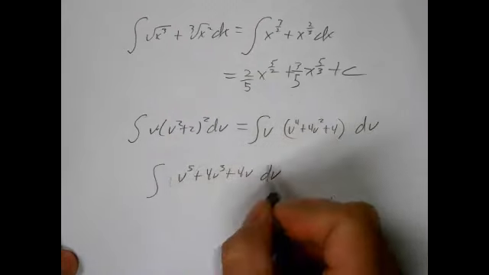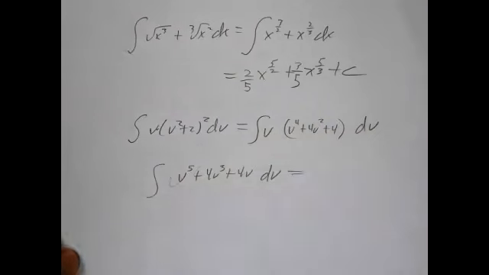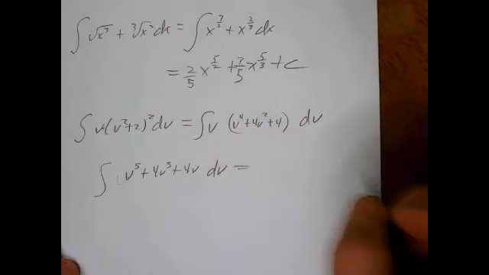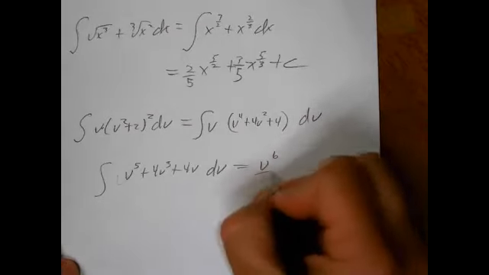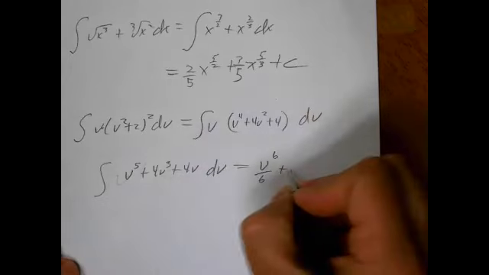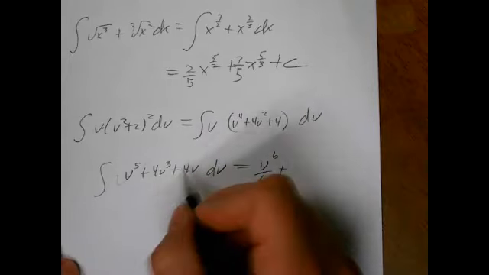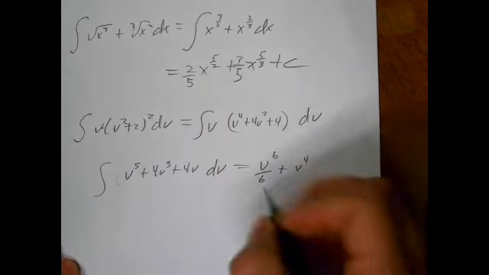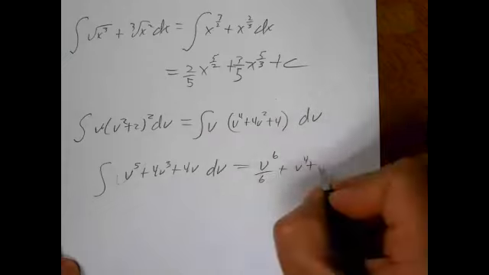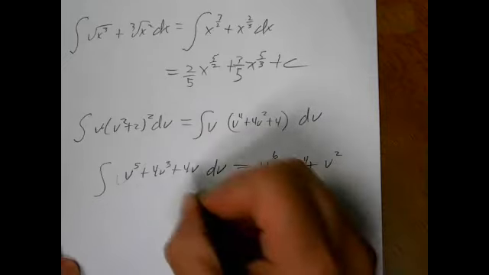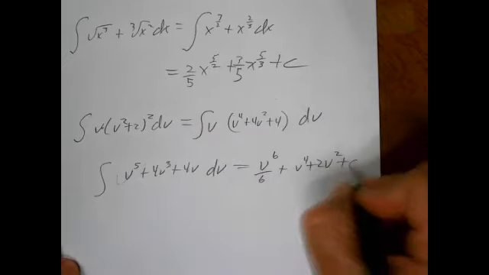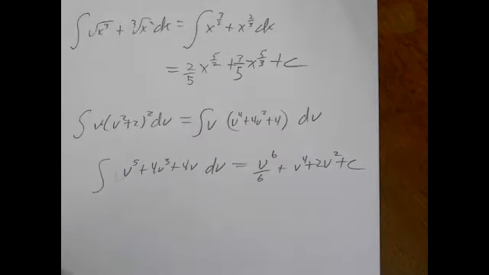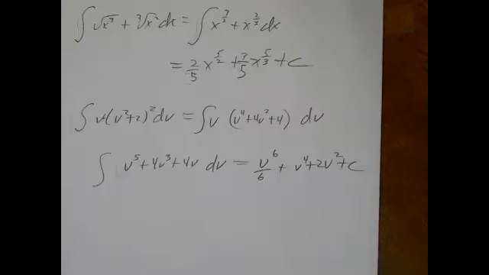And again, the dv is telling us treat v like the variable and nothing else. Integrating v to the fifth, you get v to the 6 over 6. And then the v cubed would be v to the fourth over 4, which would mean that the 4 that was already there would cancel. And this would be v squared over 2, but the 4 over 2 would be a 2. And don't forget the constant of integration. So again, a little bit of algebra made that one workable for me.